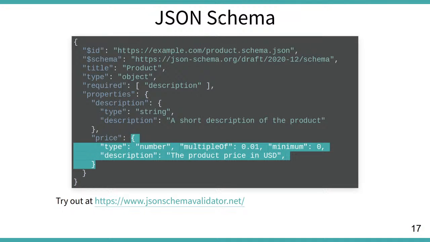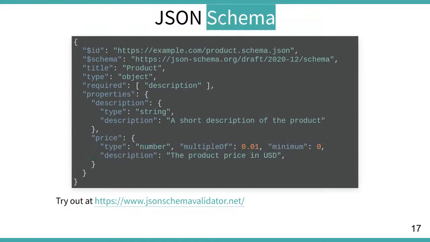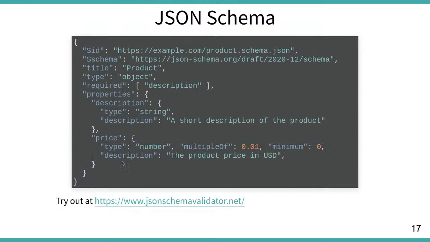So the schema restricts documents somehow. So we do not allow all price values, but only numeric prices. And it must be a multiple of 0.01.